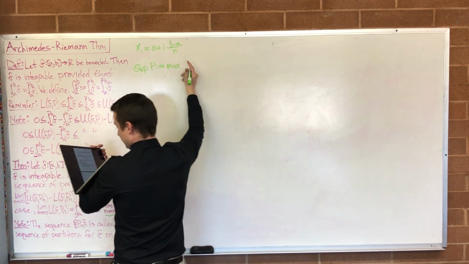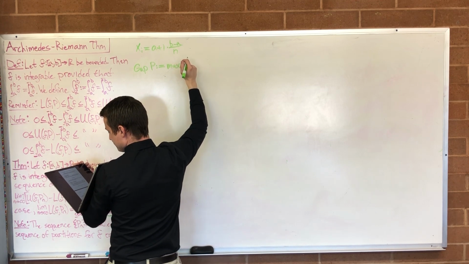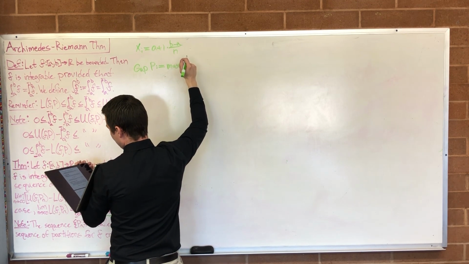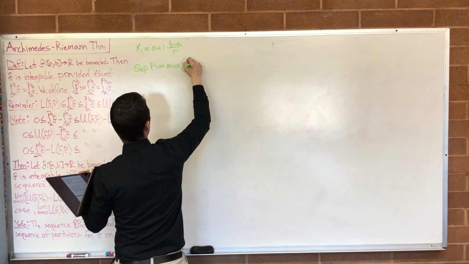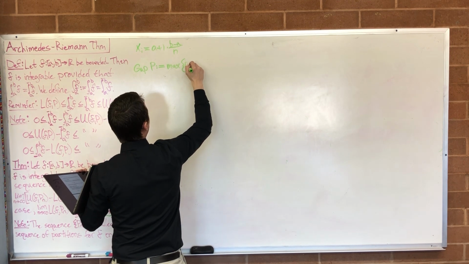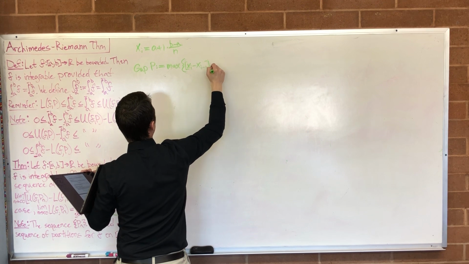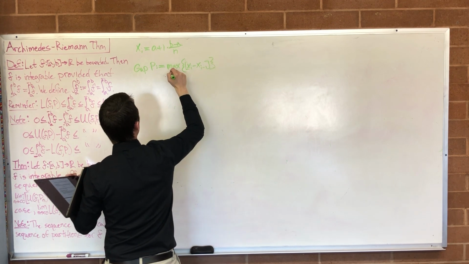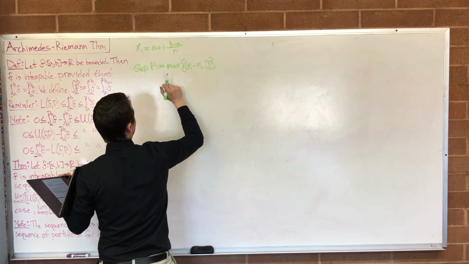max of x of i minus x of i minus 1, the max interval. We can't have i equal to 0 in that case, it has to start at 1.